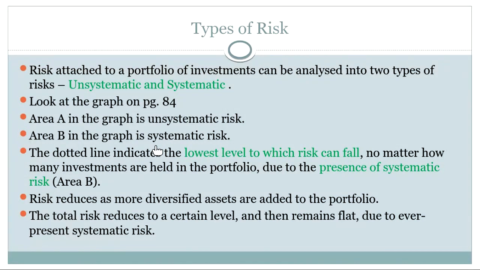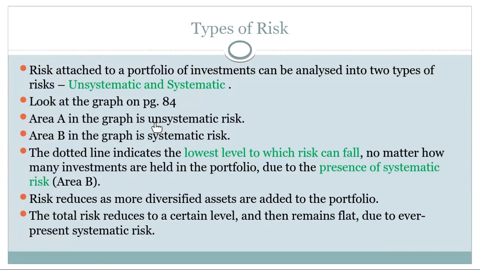Whereas unsystematic risk is company-specific risk or industry-specific risk, which means I will only be affected by that particular risk if I own assets in that company or that specific industry, which is also why investors will purchase shares across different industries in their portfolio of assets.